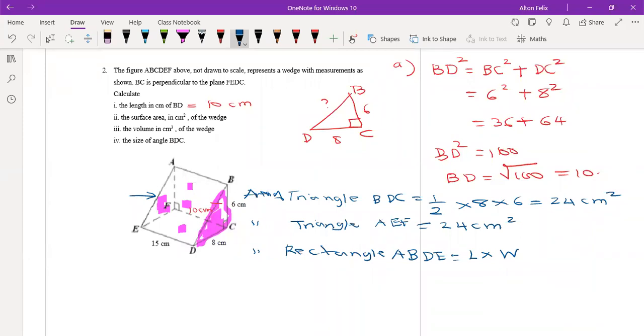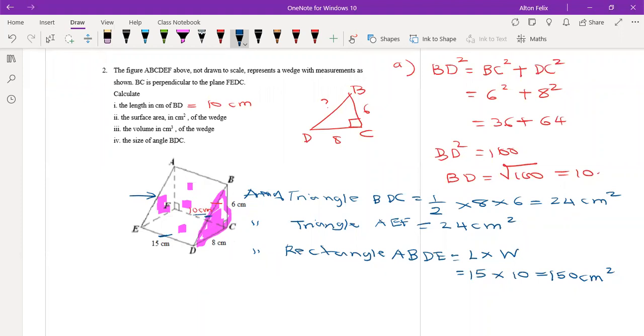So the longer side was 15, and the other side we just found to be 10. Are you seeing that? ED is 15, that's this side here. And this side up here, the BD is 10. We just worked that out. So 15 by 10 equals 150 centimeters squared.